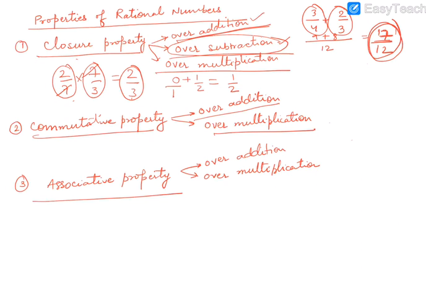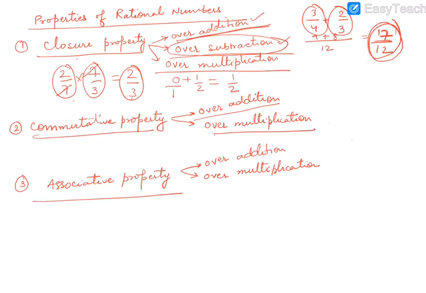This property is known as commutative property over addition. In the same way for multiplication also, when we multiply two rational numbers in any sequence, the answer remains same. This property is known as commutative property over multiplication.